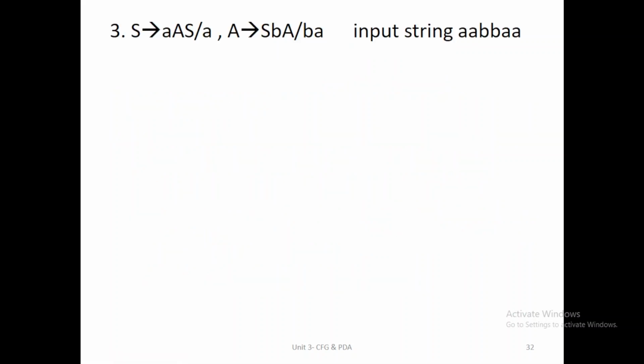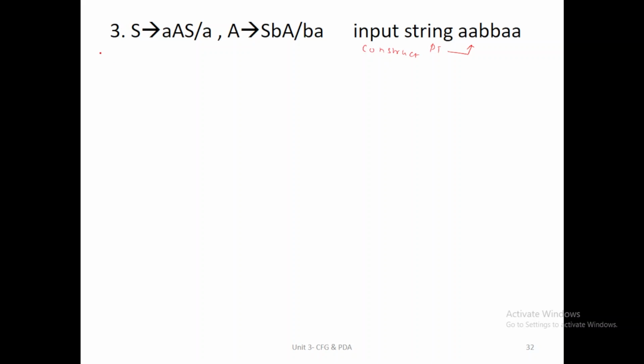Let us take the same derivation problem. Here I am taking the same example. S implies aSbS, and A implies SbA or BA. I want to derive the input string aabbaa, and construct a parse tree for this given string.